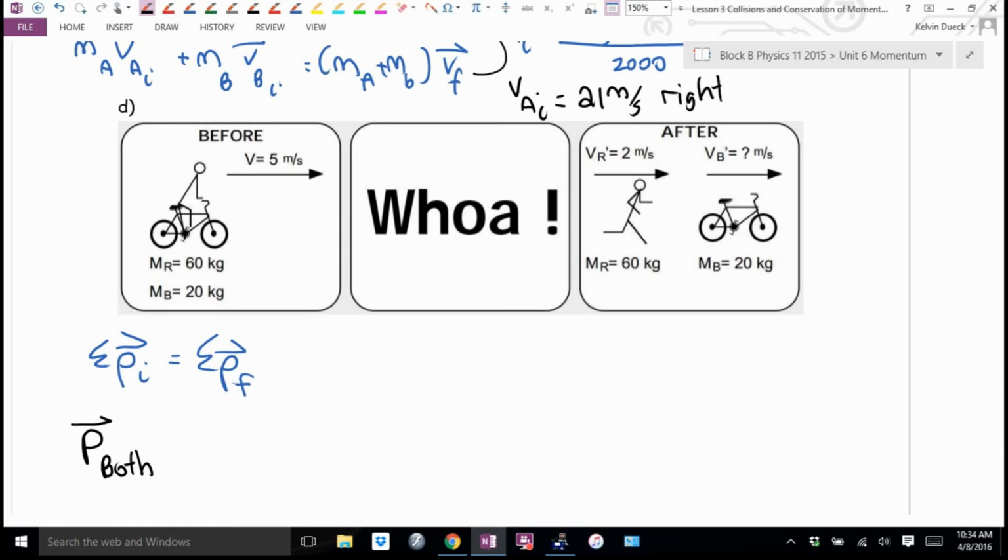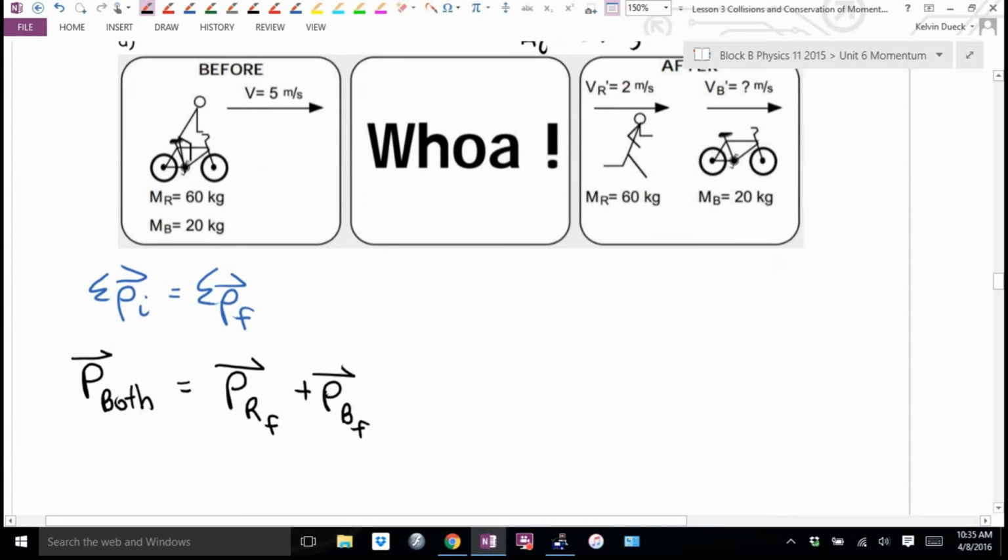Oh, you know what? The rider jumped off. So after the jumping off, what's moving? The rider, the bike, both, or neither? Stuck together or separate? I guess this wants me to find the velocity of the bike afterwards. Okay.